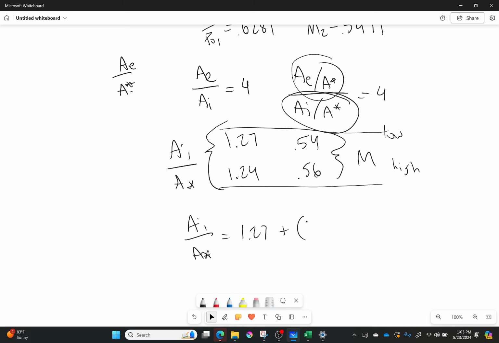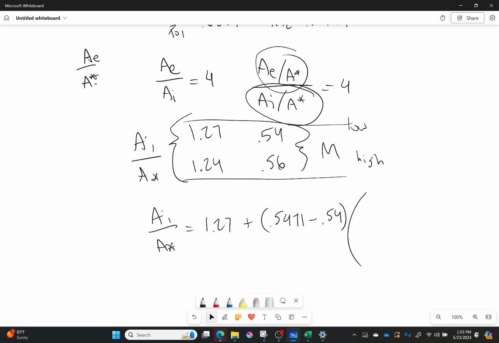So that's 0.5471 minus 0.54, the difference by Mach numbers, times the difference in my AI over A stars: 1.24, that's the high, minus 1.27, all over the difference on the other side, which is 0.56 minus 0.54.